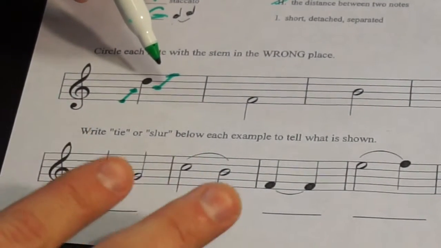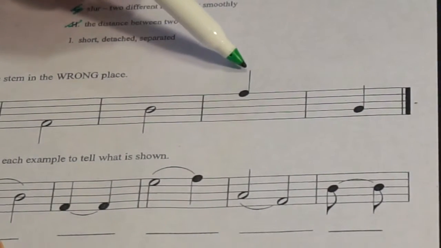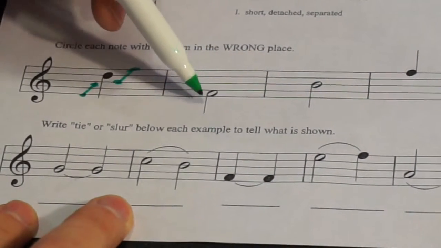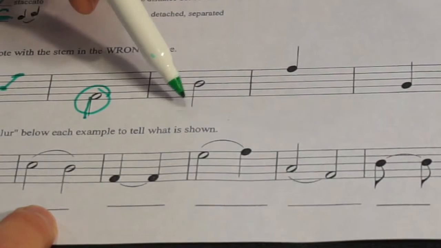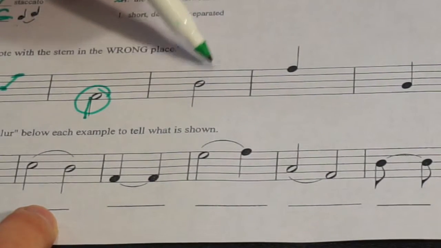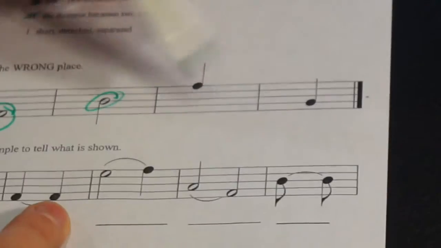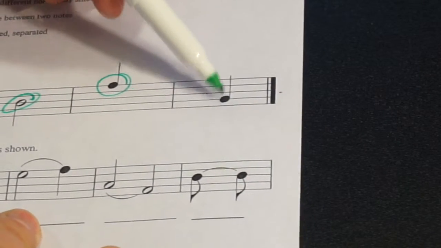And honestly, the way to look at this is if there is a stem just jumping way up, then you know it's probably wrong. Okay, so that's good. Look at that, it's going way down. That is wrong. This one, it's going down. Honestly, this is one of those ones where they make it go up. It's kind of weird. This guy's going way up. That's wrong.